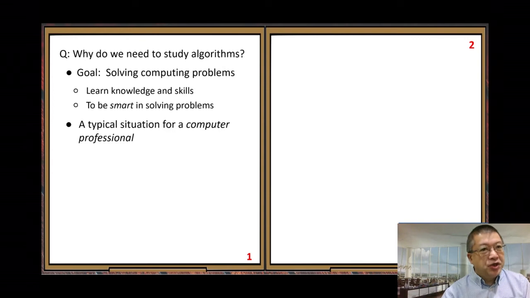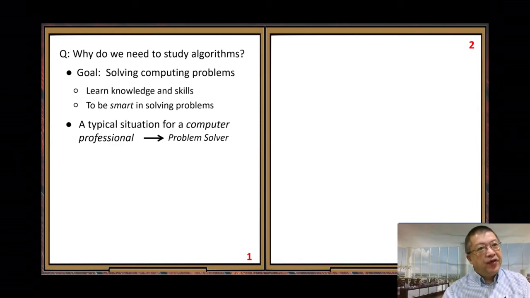A typical situation for a computer professional. You get this training to become a computer professional. Eventually you will be a problem solver, a computing problem solver.